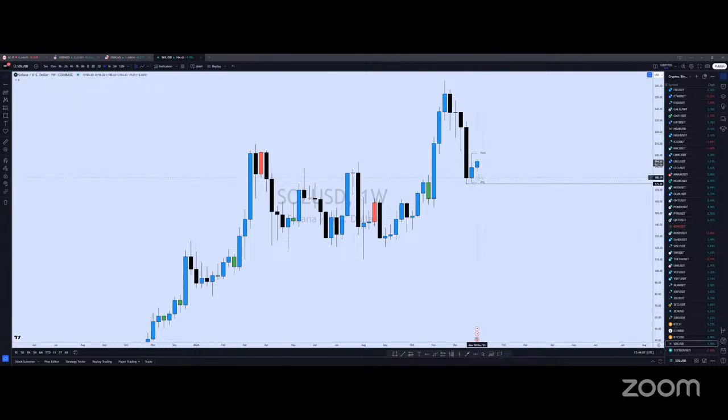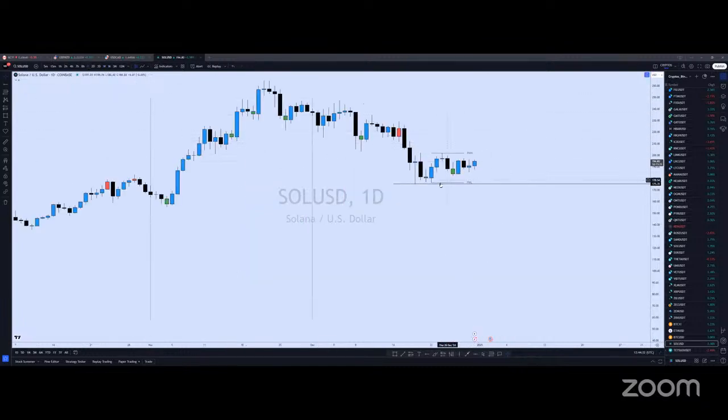In the future, I'll talk about why I look for things like that, but for today, it's just a quick analysis. On the daily time frame, if they had taken that, it would have given me confidence in looking for the continuation to the upside.